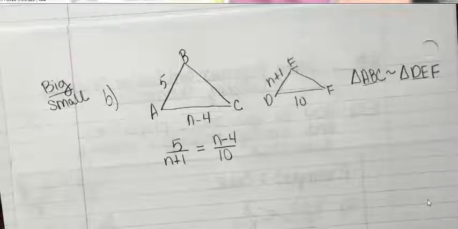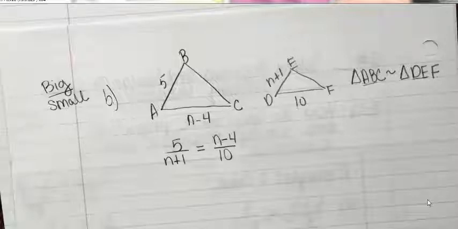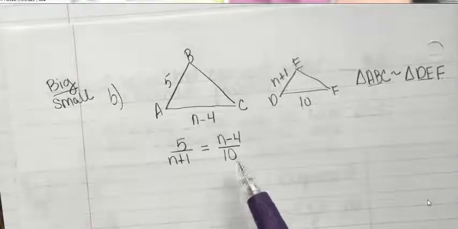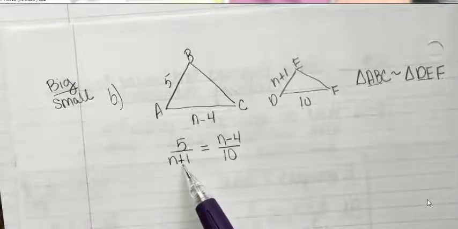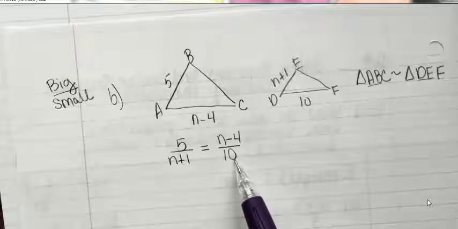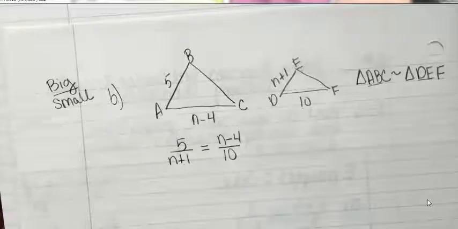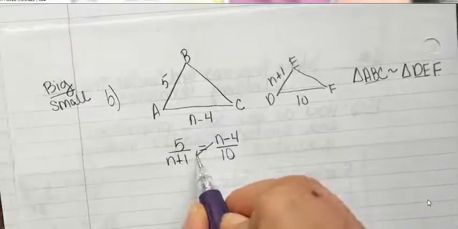And, you know, if you recognize that it's a proportion, then you're going to say to yourself, okay, great, I can take a little shortcut, which is basically just to cross multiply. Another thing you could do is multiply both sides by n plus 1 and both sides by 10. And that's going to get rid of these denominators. And basically, you're going to end up with exactly the same thing as if we just cross multiply.